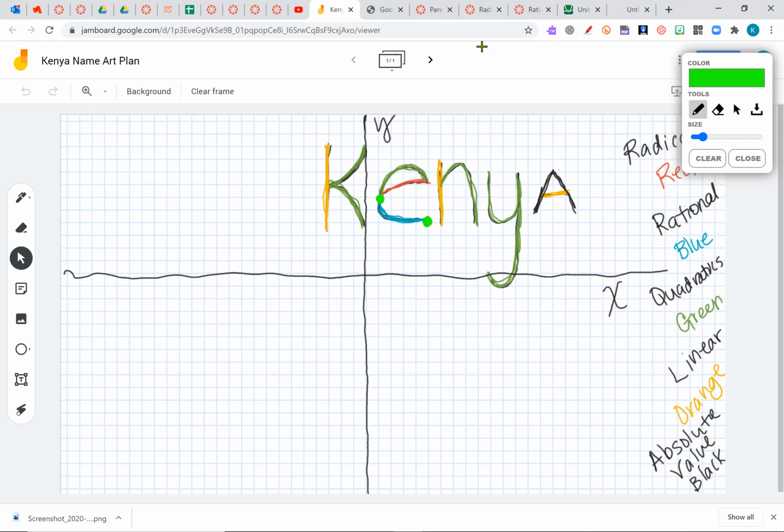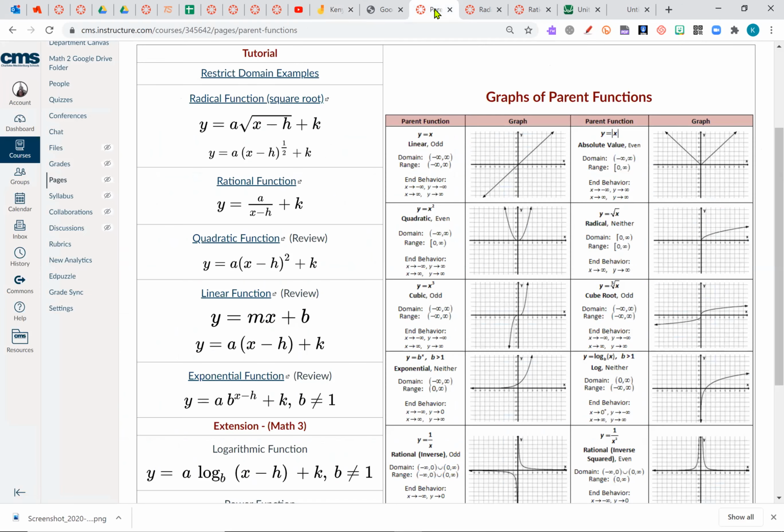So when you look at the parent function for the hyperbola, notice that our center was right in the middle here. It's right here in the middle. The center is actually where the asymptotes intersect, because the hyperbola has a horizontal and vertical asymptote.